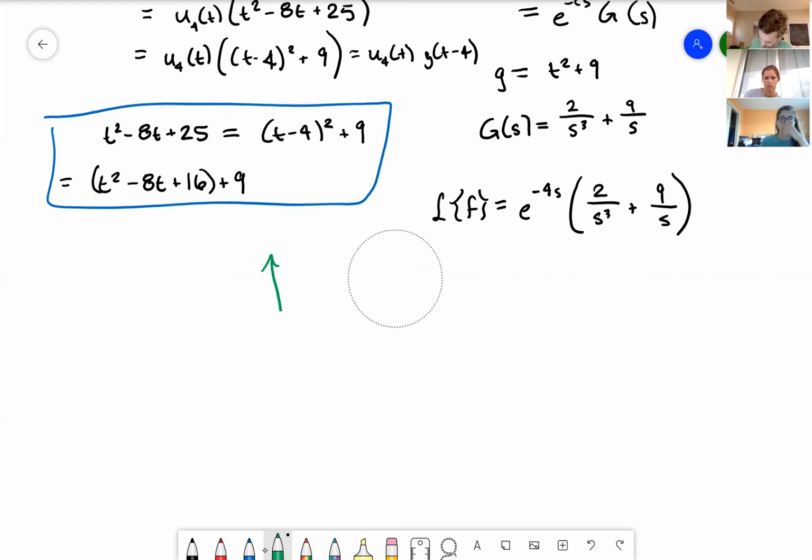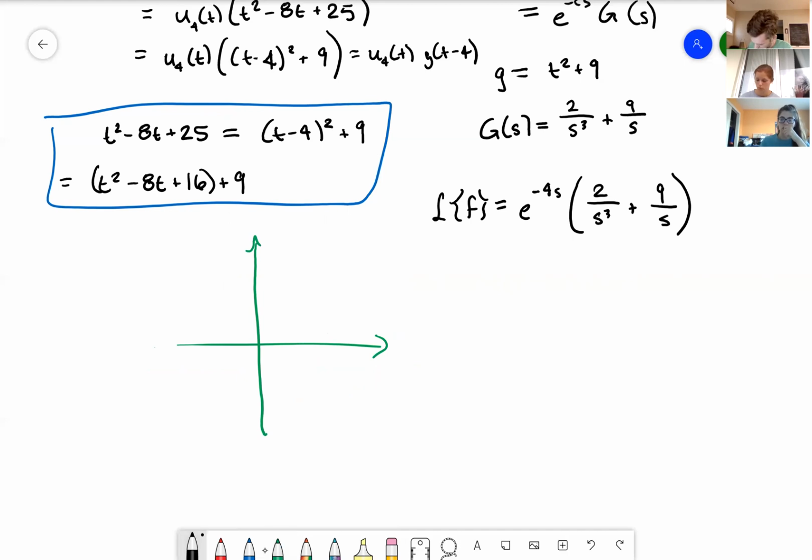Let me do this in better colors. So this is some quadratic. It's delayed up to 4, and then at 4, it's some parabola going up, right? And so this is a shifted version of something else.